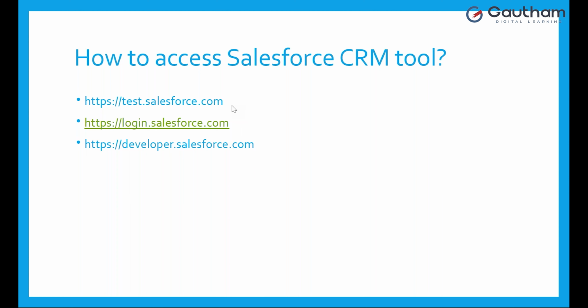In any real-time scenario, only these two will come in, right? Maybe I'm the user or maybe I'm the developer. So what is the third role we have in real time? Normally, in any company or institute, we don't see any other use case, right? Then where are we going to use developer.salesforce.com?